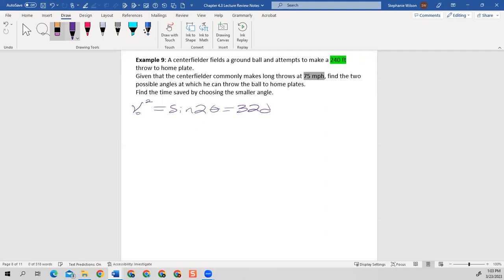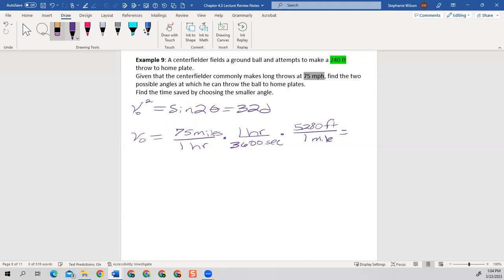Well, if I take that initial velocity, it's 75 miles in 1 hour. We know that in 1 hour there are 3,600 seconds. We also know that there are 5,280 feet in 1 mile.